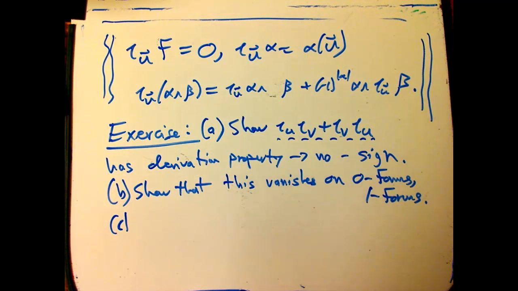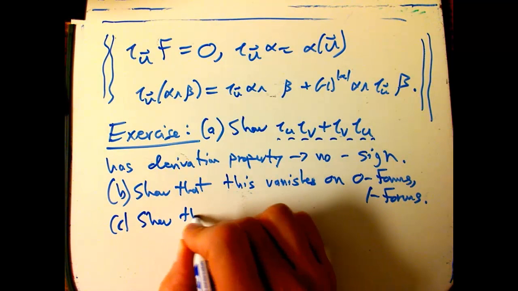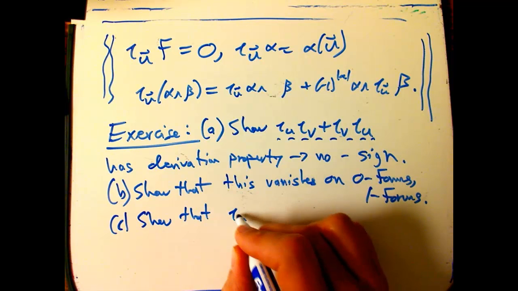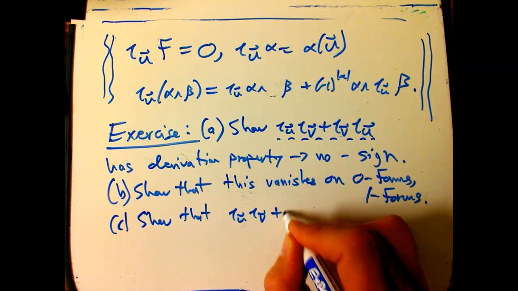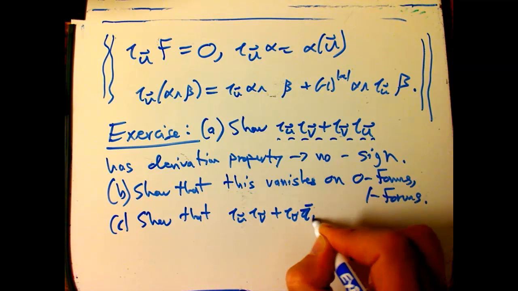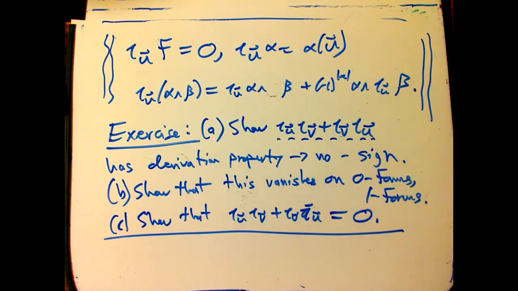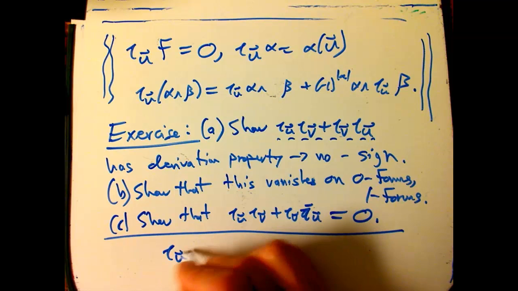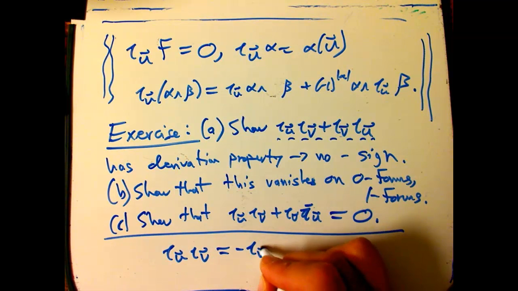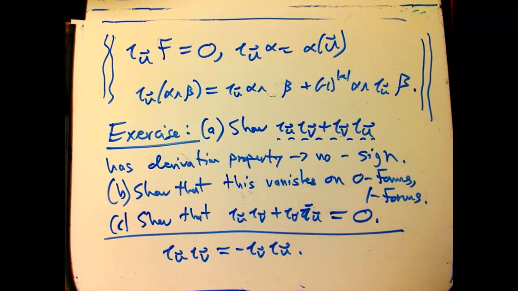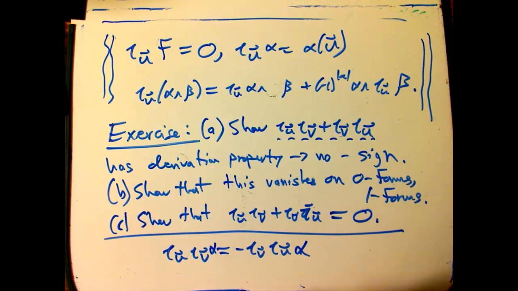And part C used that to show that, in fact, IUIV plus IVIU equals 0, period. It's secretly just the 0 operator. Or in other words, if you take the interior product with two vectors in one order, you get the negative of the opposite order. And that's on any alpha, basically.